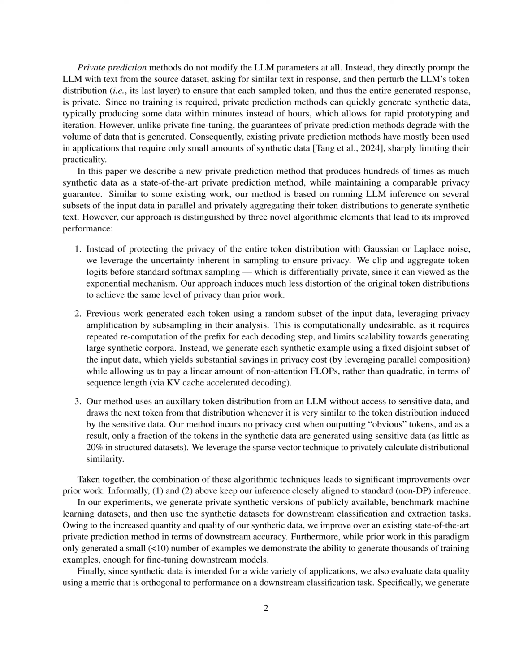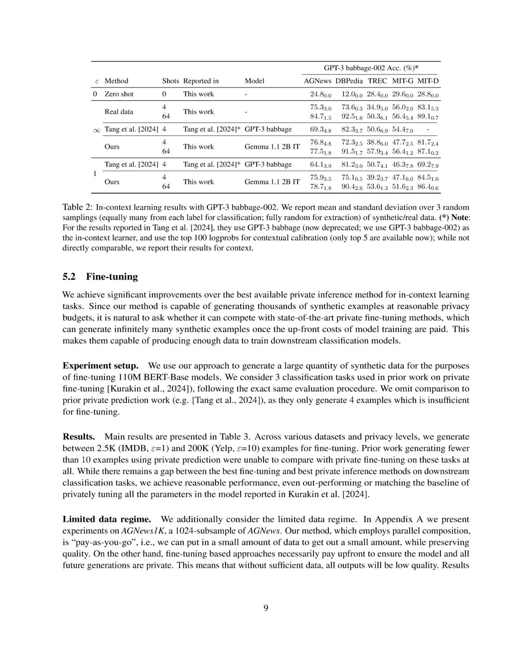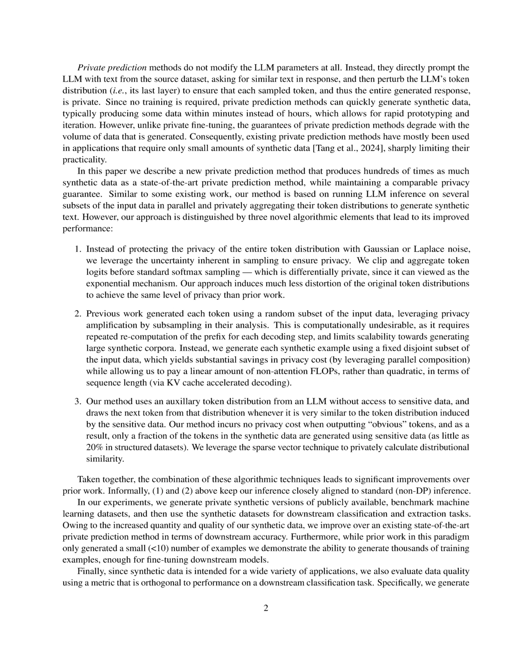In experiments, the method demonstrated the ability to generate between 5K to 200K examples for fine-tuning across various datasets and privacy levels, outperforming previous methods that were limited in the number of examples they could generate. Additionally, the method showed improvements in downstream accuracy for classification tasks, surpassing the performance of existing state-of-the-art private prediction methods.